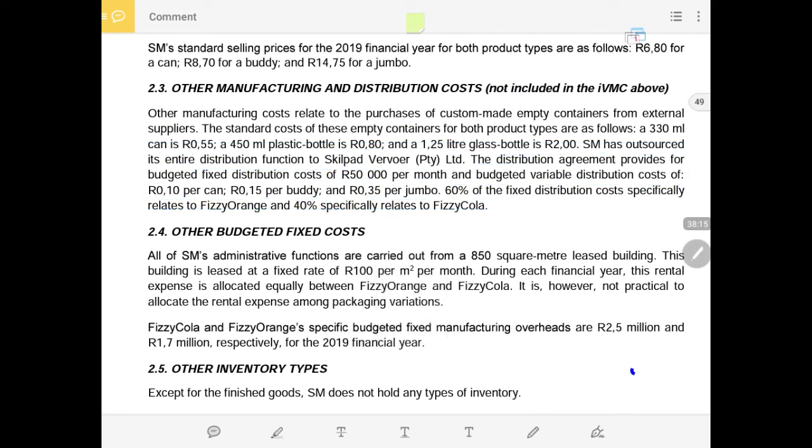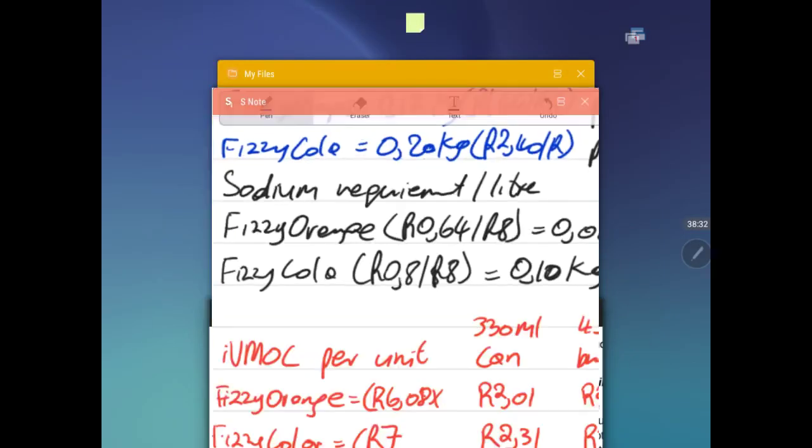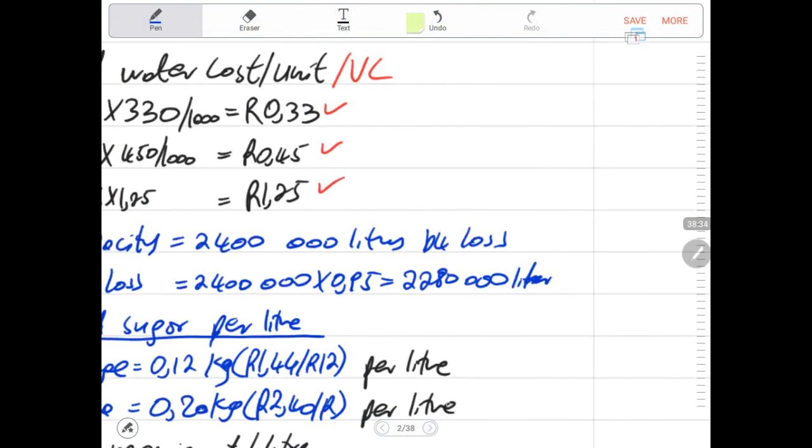Then after we are provided with a fixed cost, our fixed cost is 50,000 per month, and they say 60% of the fixed distribution cost specifically relate to the fizzy orange, while 40% to the fizzy cola. Now let us calculate our fixed cost.